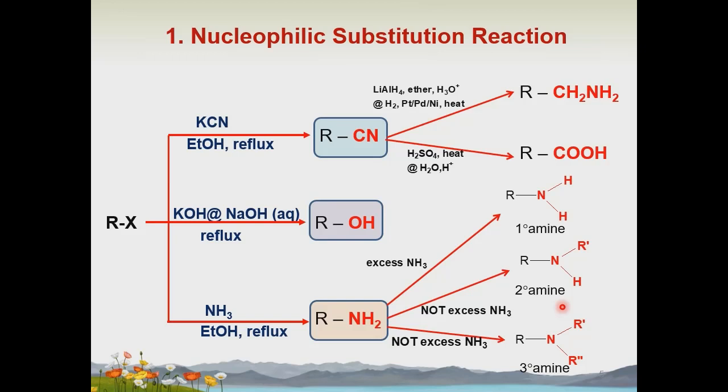Secondary amine, in a condition where we don't have excess ammonia, is going to react back with the product and form tertiary amine. So this is basically how we produce the three categories of amine in chapter 11.